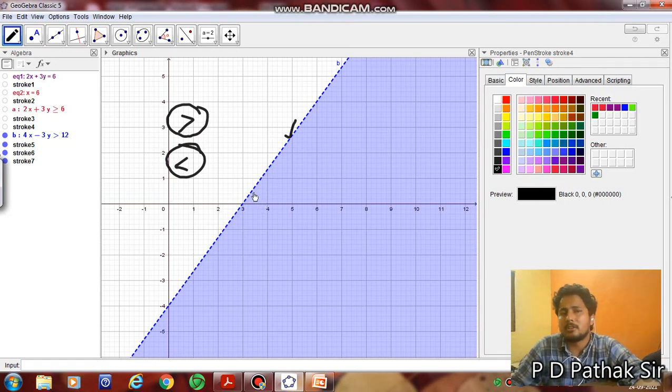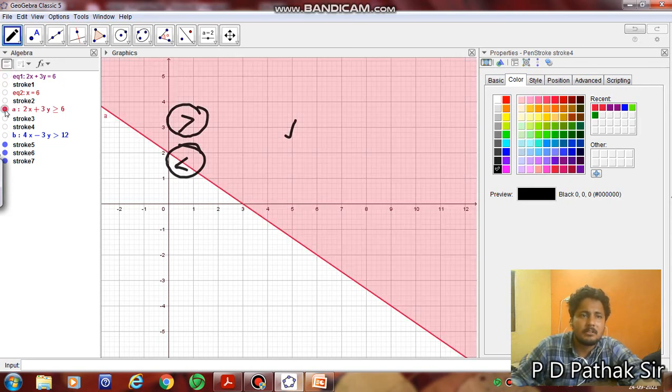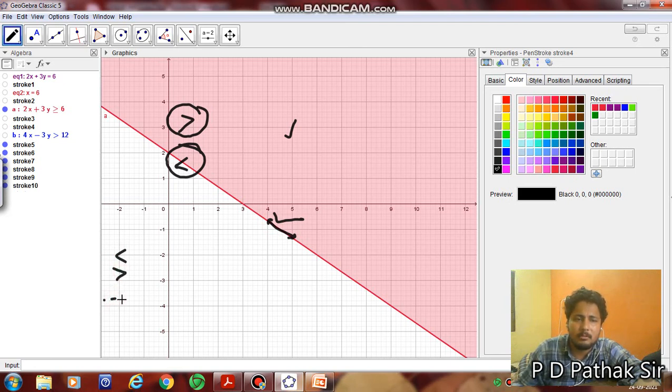And if I am taking a line with slack inequality, greater than or equals to, less than or equals to, then the line will be a dark line. It means again there are total two conditions. If you are using these two signs, then your line will be a dotted line. And if you are using slack inequality, less than equals to or greater than equals to, then your line will be a dark line.